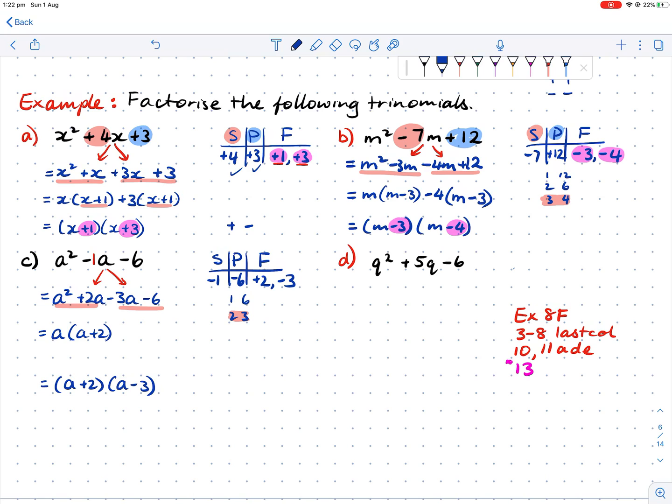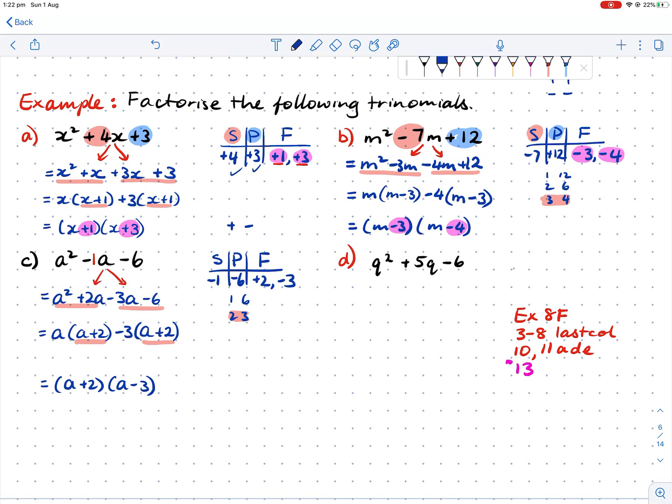A plus 2 is what's left over. When we look at the second pair of terms, you can see that you've got two negatives, so we'll take out -3 as a common factor, and then it's a plus 2. And so you can see that a plus 2 is common, that's our first bracket, and then everything that's left over goes into that second bracket.